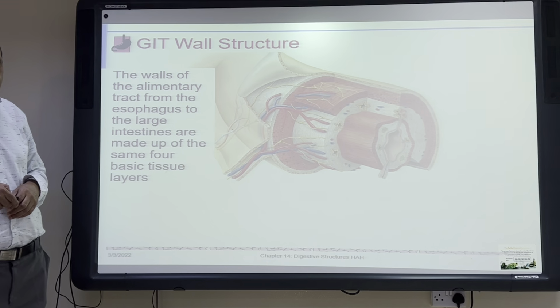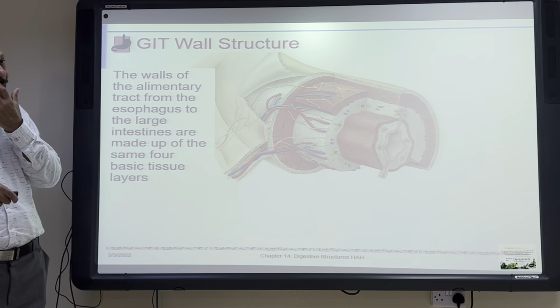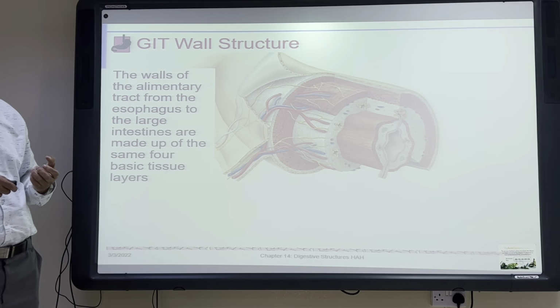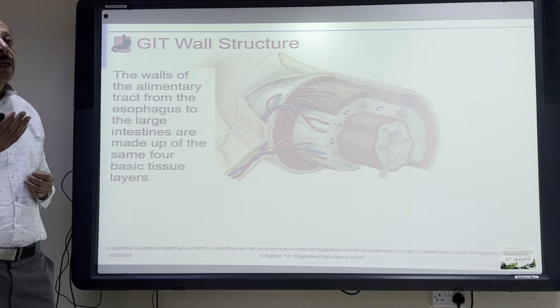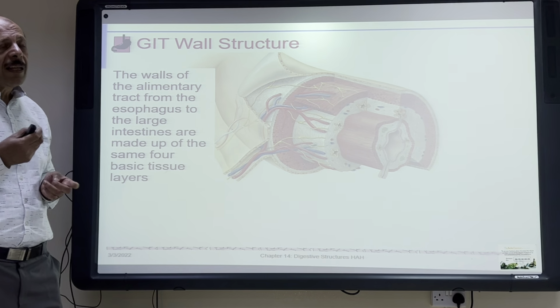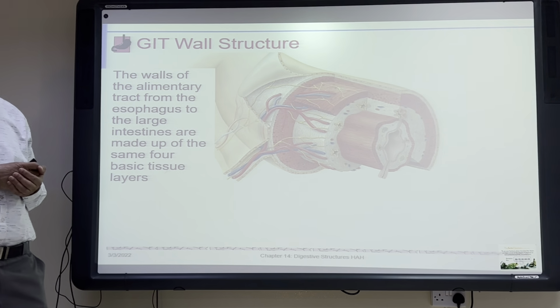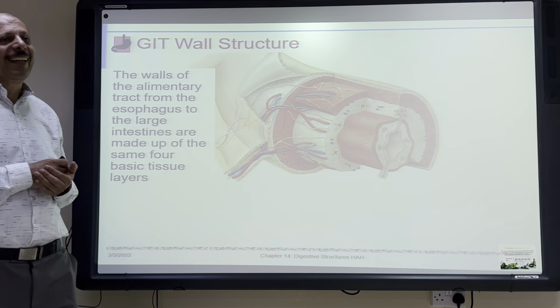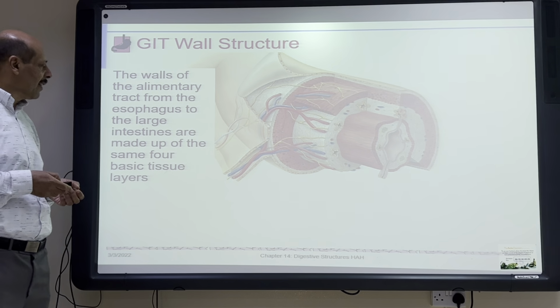So mostly the structure of those tubes is similar. There are differences in thickness according to the function of those tubes, so we will find a difference sometimes in the thickness of it.